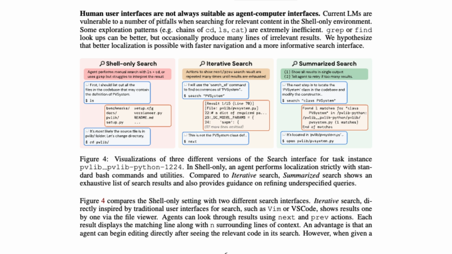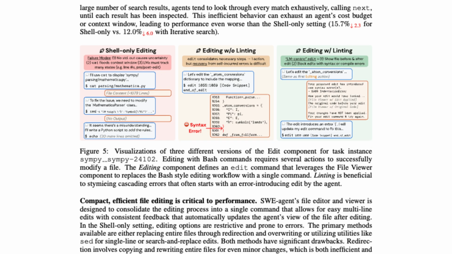An advantage is that an agent can begin editing directly after seeing the relevant code in its search. However, when given a large number of search results, agents tend to look through every match exhaustively, calling next until each result has been inspected. This inefficient behavior can exhaust an agent's cost budget or context window, leading to performance even worse than the shell-only setting.